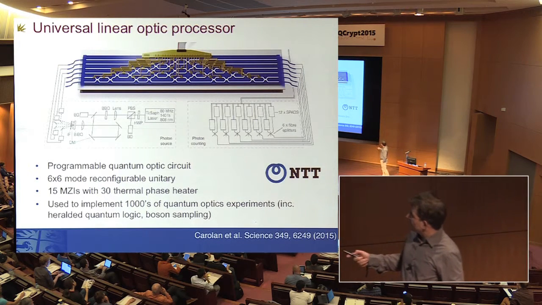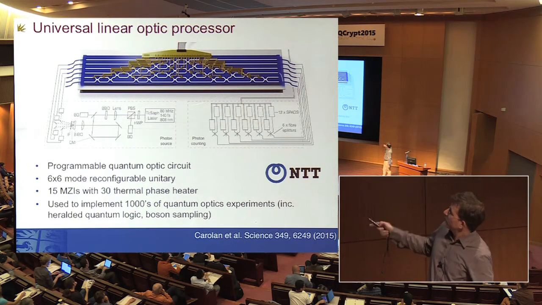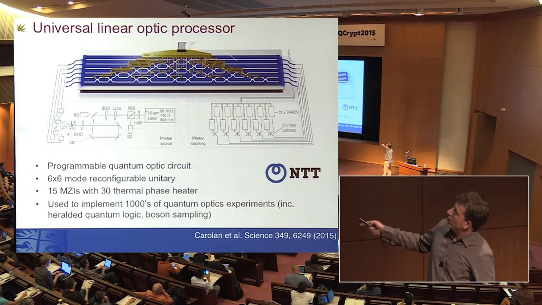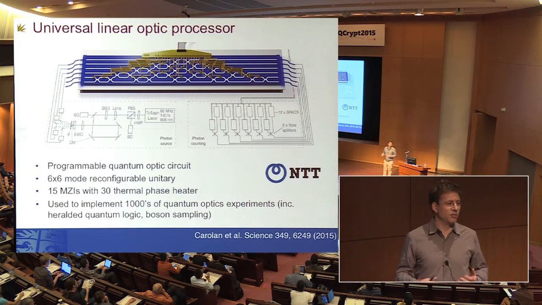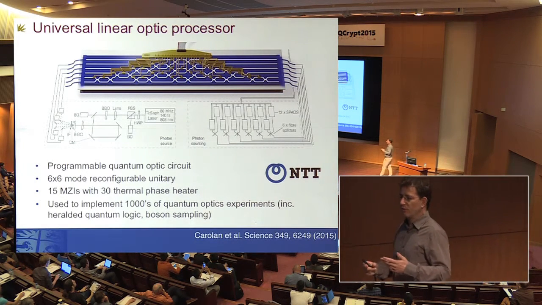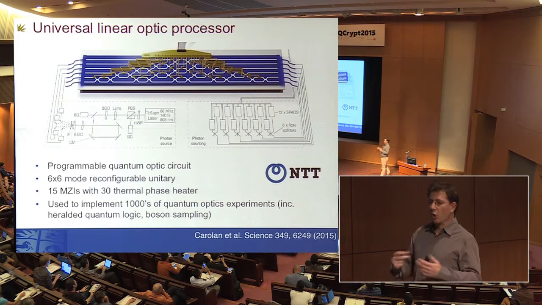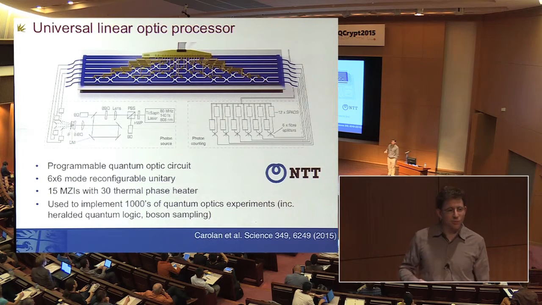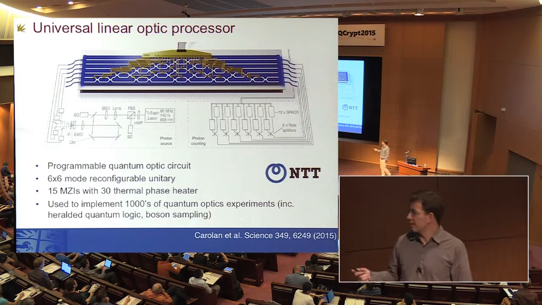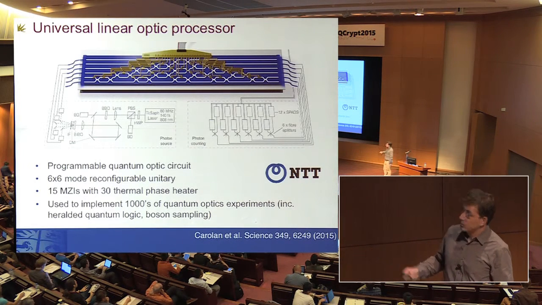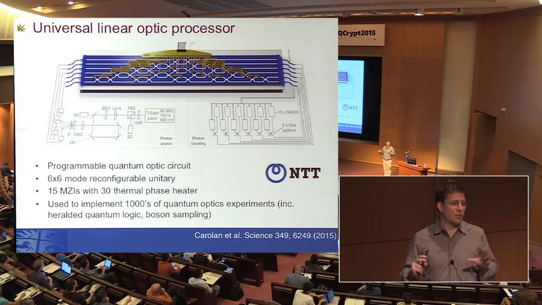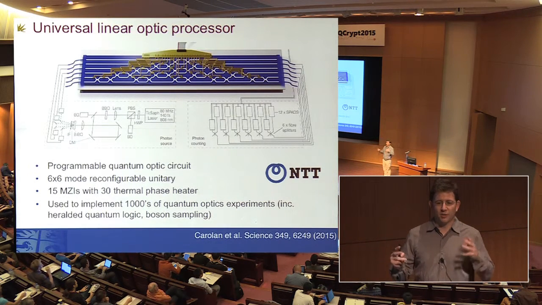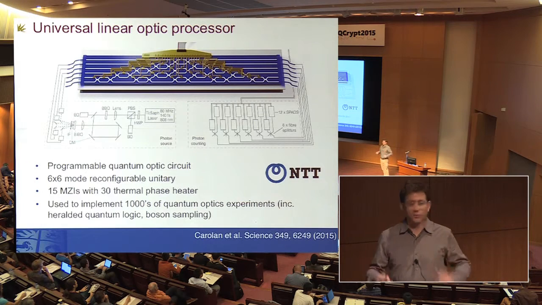This device effectively has 6-mode input, 6-mode output, and then a raft of nested Mach-Zehnder interferometers where we can individually control the phase on the Mach-Zehnder interferometer, effectively each one acting as a variable beam splitter with a controllable global phase element. And we'd be able to use this device to do any experiment you could possibly ever want to do on a 6-mode in, 6-mode out optical circuit.